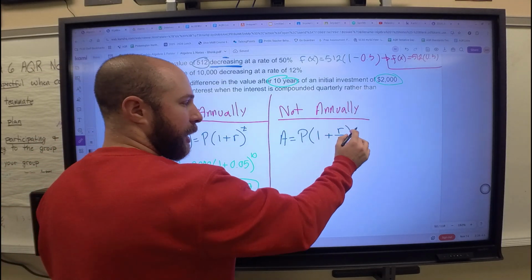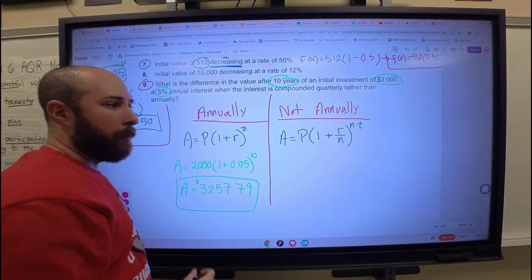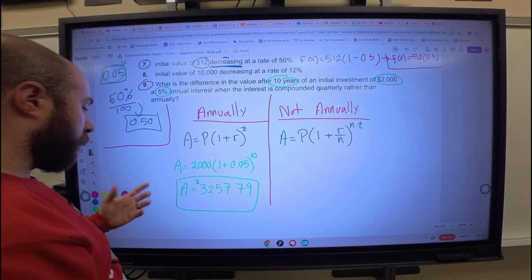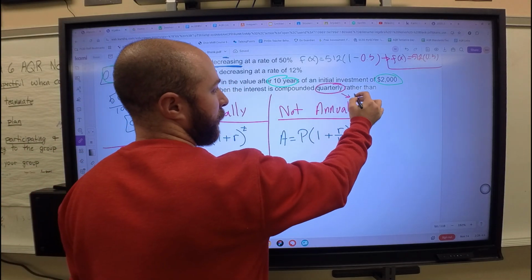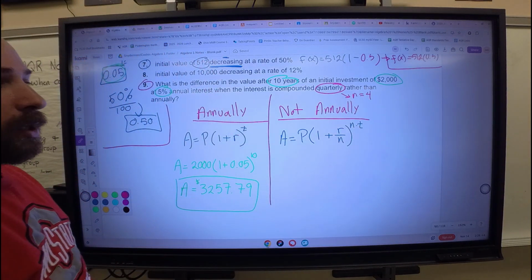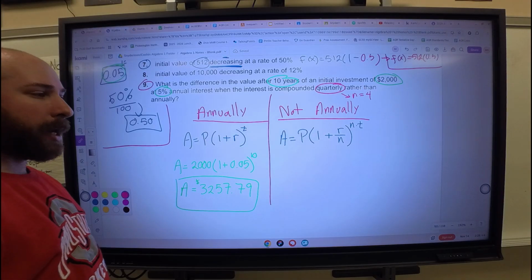And then our time, we are actually going to multiply our time by that same number. Okay, so in our interest here, the one that we're doing, we are compounded quarterly. That means n is 4. Okay, so that means every 3 months or 4 times a year that interest gets compounded.